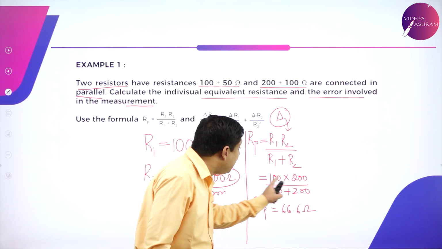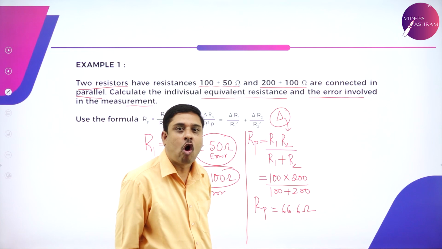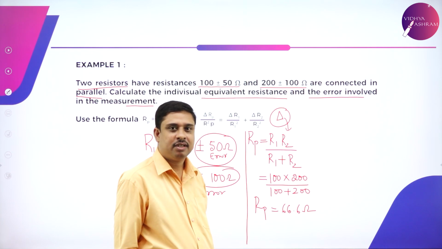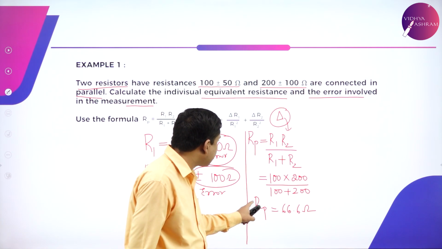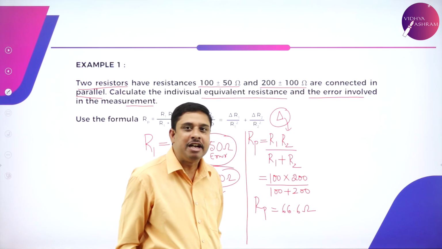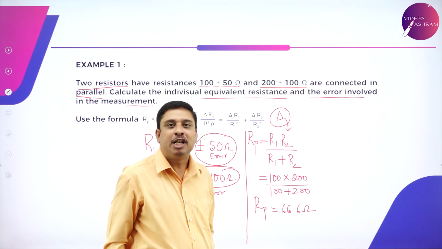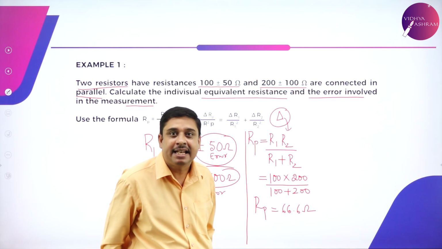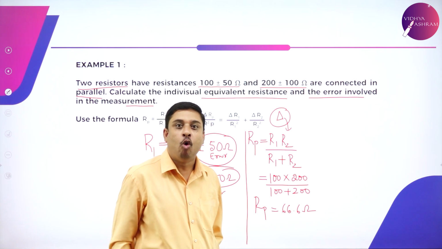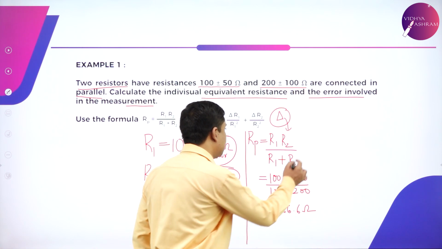So my equivalent resistance, still I have not computed the error. Equivalent resistance is 66.6 ohms. Now I will be calculating the error in the calculation. How much of error has occurred in the calculation?